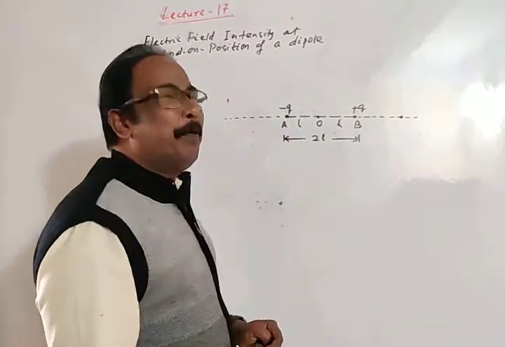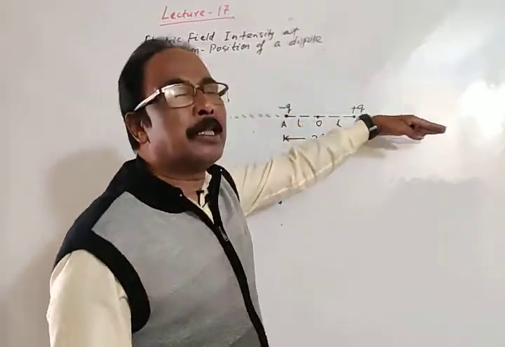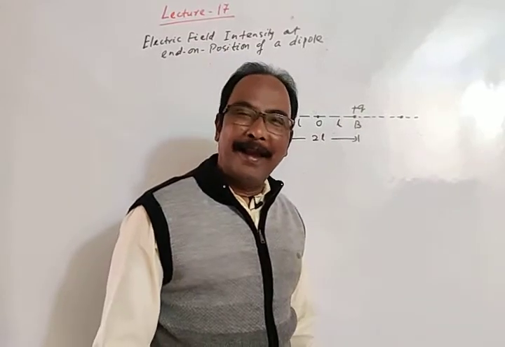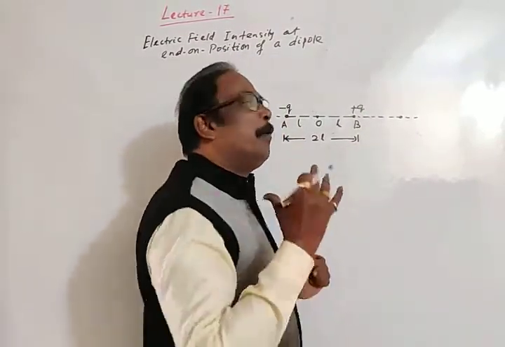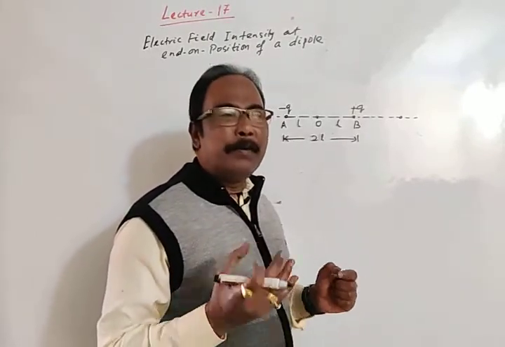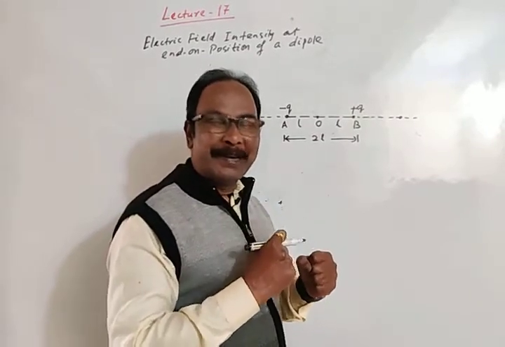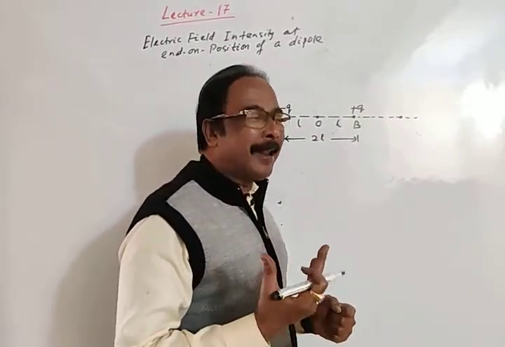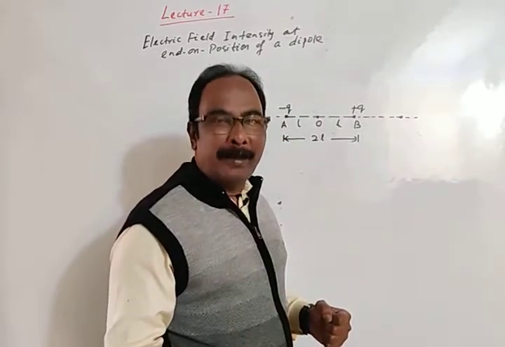The electric dipole moment is from minus Q to plus Q, so this is the positive direction of the electric dipole moment. Why do we consider dipole moment? Dipole moment determines the strength of the electric dipole. Generally, the strength of an electric dipole is determined in terms of electric dipole moment.